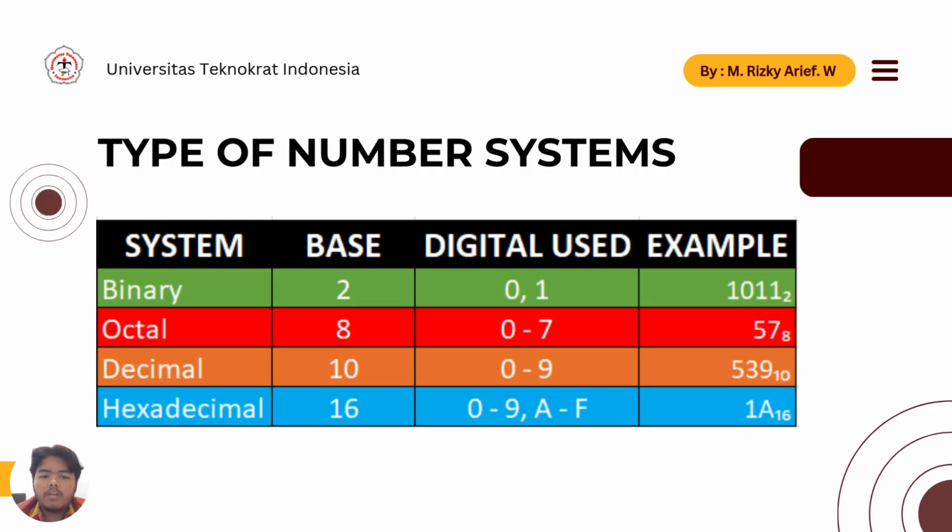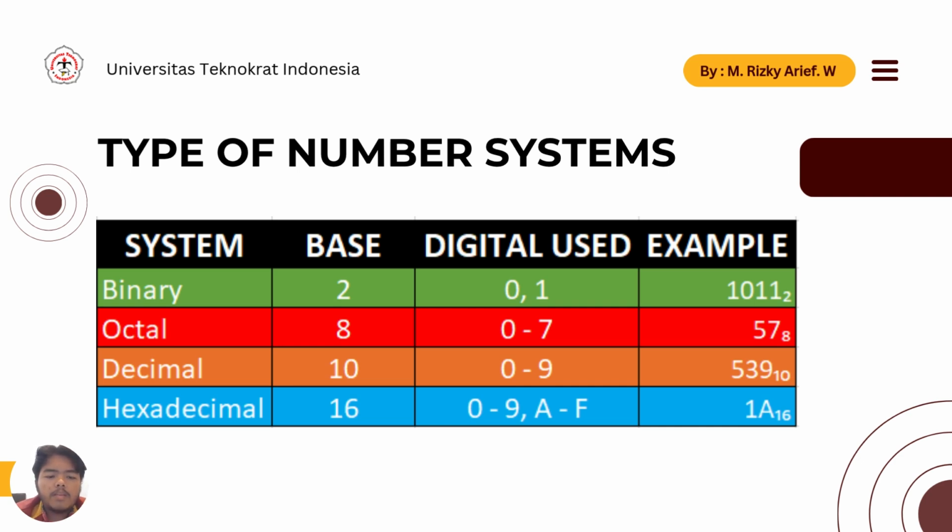Types of number system. In computer science, we usually use four main types of number system: binary, octal, decimal, and hexadecimal. The binary system with base 2 uses only two digits, 0 and 1. This is the language that computers understand. An example is 1011.